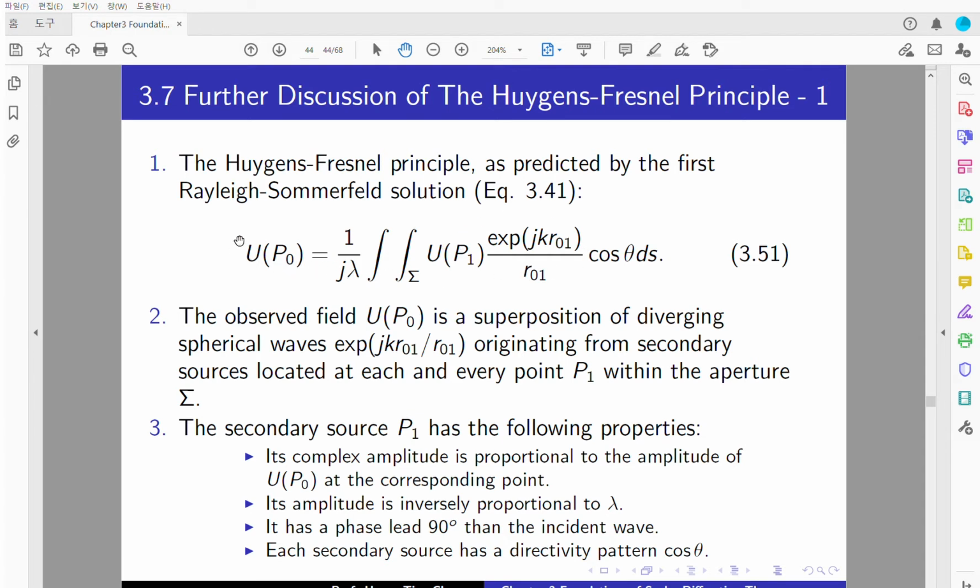So basically the field pattern at P0, which is the result of the diffraction, is nothing but a summation of individual spherical waves coming from this aperture. So diffraction is nothing but a summation of propagating waves. In other words, it's a kind of interference. Okay, that's what we have learned.